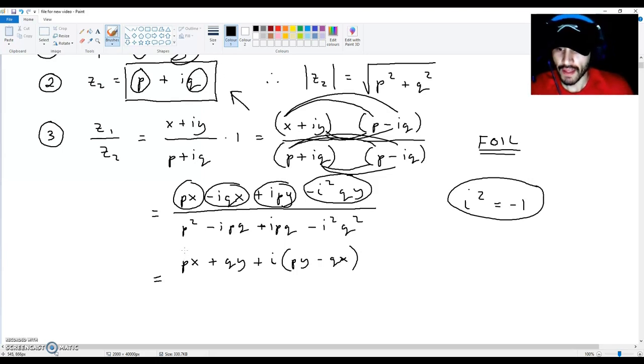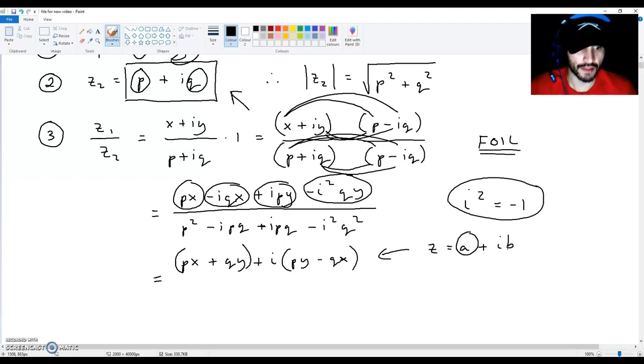Now I'm going to put brackets over here as well, so that we form a complex equation of the form a plus ib, where a is a real number and b is a real number. We can see that a in this case is this, and b is this over here. So now we've got a complex equation at the top of this fraction, which is going to be very useful.